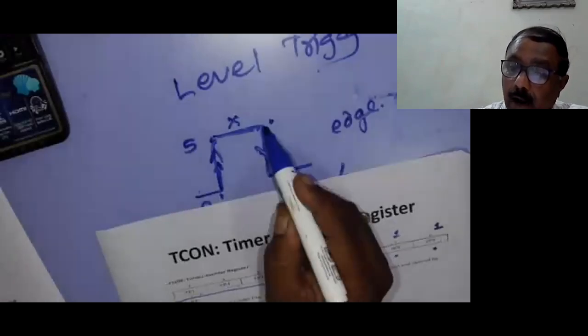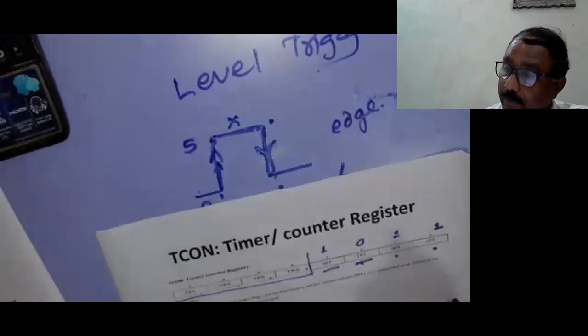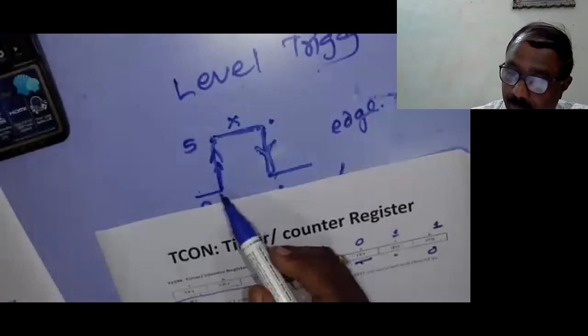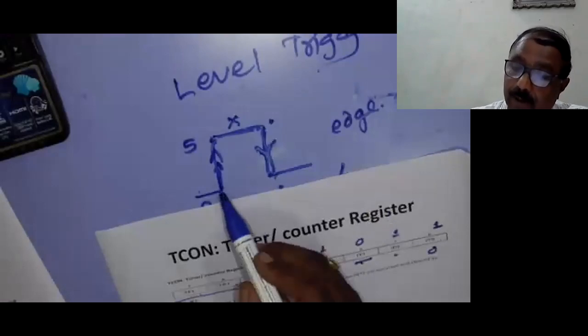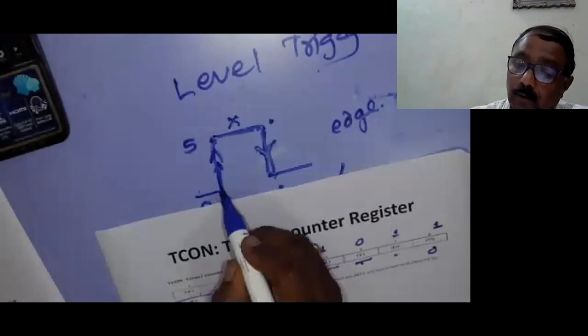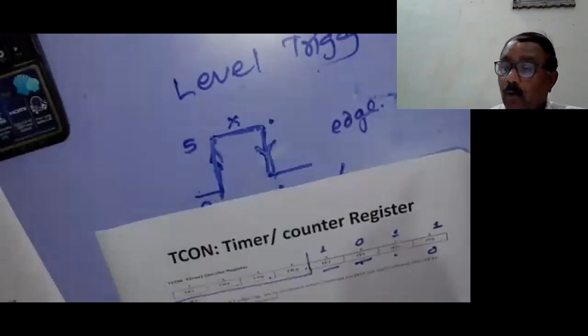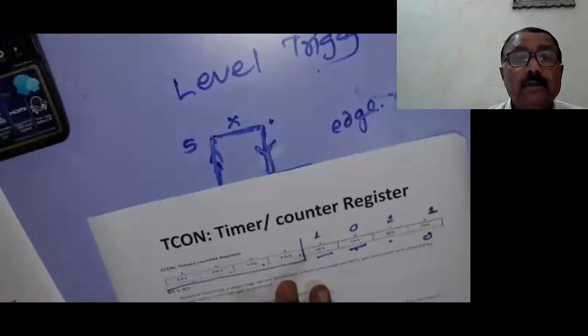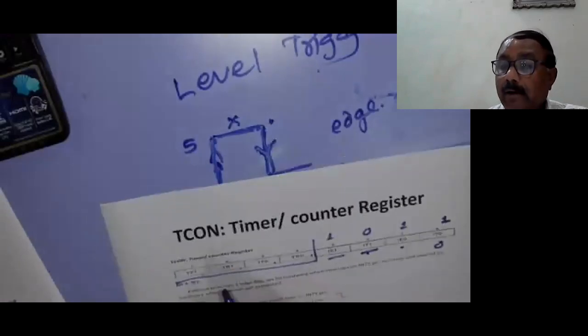Falling edge means from high to low voltage. And if we keep this bit equal to 0, then the interrupt will occur on the low level. So this is the TCON or timer control register, used to select level triggering or edge triggering in the microcontroller.